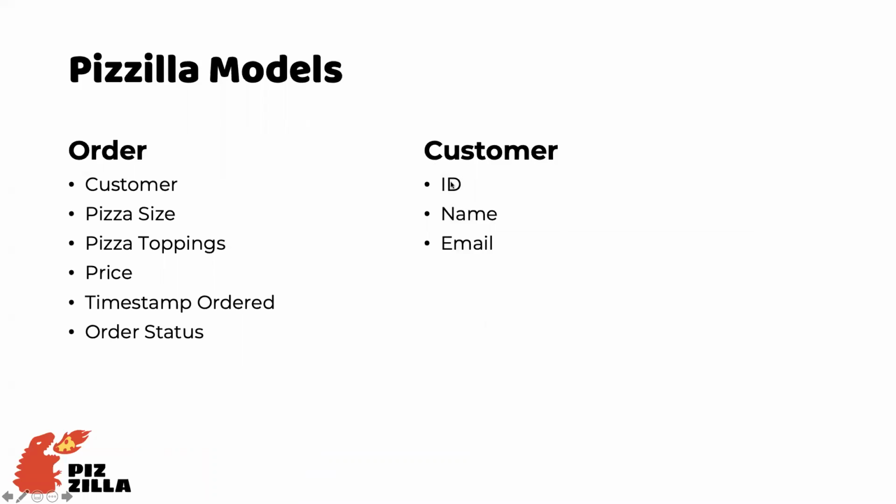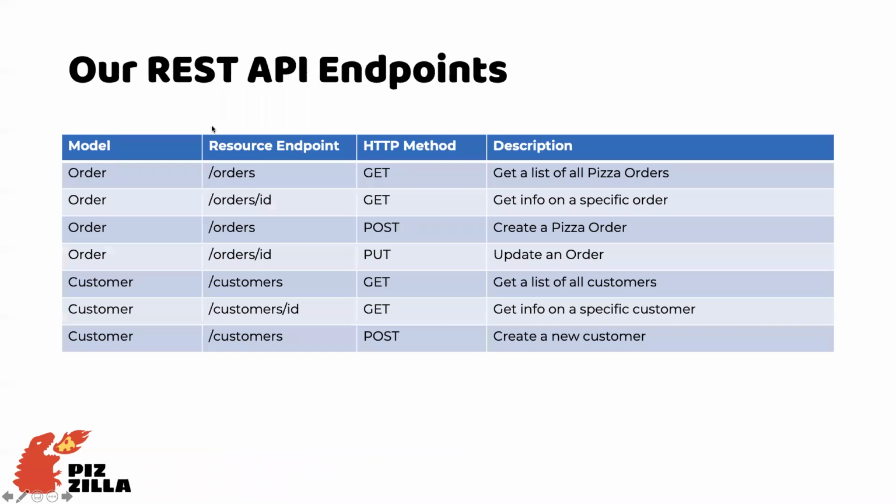When we did it live, we also talked about a customer class. We're going to cut that out just to make it a little bit more simple, so we're just going to be focusing on the order model. Our REST API endpoints that we're going to be building are all for the order model.